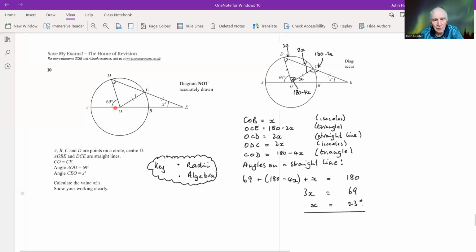These things are made to test your algebra as well as your geometry skills. So we can expect to form some equation in X, and that's exactly what we've got with this equation here. With those two things in mind, you shouldn't have a problem doing this.